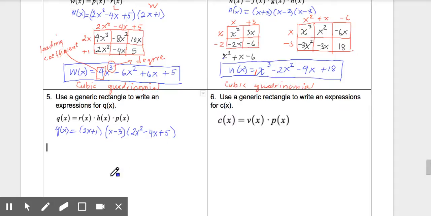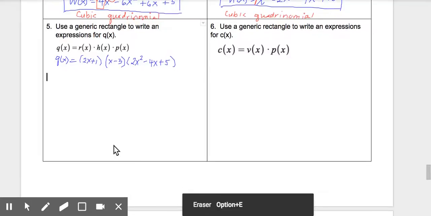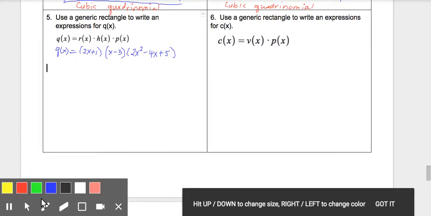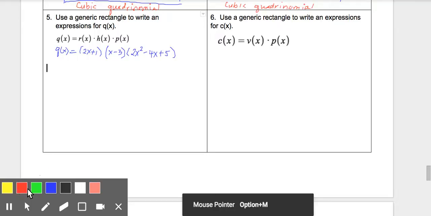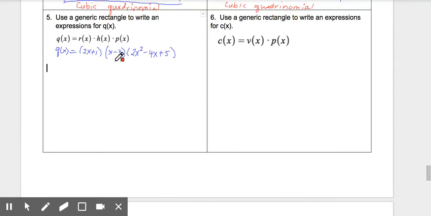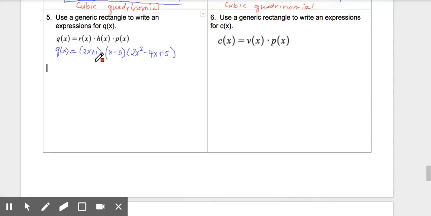All right, so let's just bring this up. So again, we have here 3 polynomials. So we have 2 binomials and 1 trinomial. The first thing we want to do is to multiply the first 2 binomials, and whatever the result is, we multiply to this trinomial here.